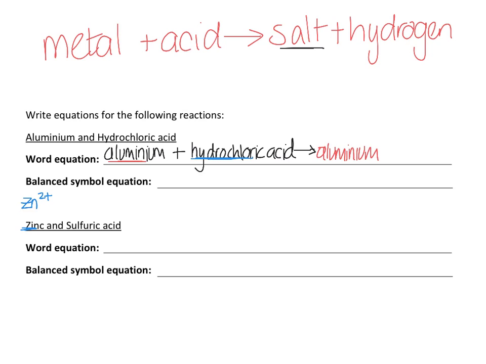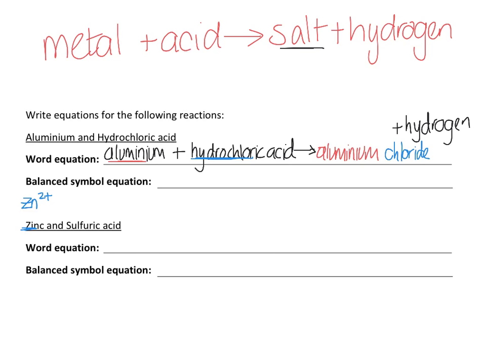And hydrochloric acid changes its name to chloride. So we form aluminium chloride. I'm just going to write it above here, I don't have room. Aluminium chloride plus hydrogen. When a metal reacts with an acid, it's always going to be plus hydrogen at the end. So aluminium plus hydrochloric acid reacts to give me aluminium chloride plus hydrogen.